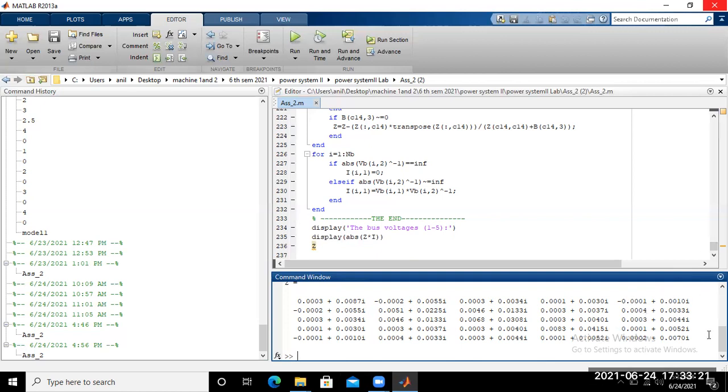So you may practice this problem for the formation of the impedance matrix for any number of systems. You may increase the number of buses and transmission lines, and accordingly you are able to get the impedance matrix.